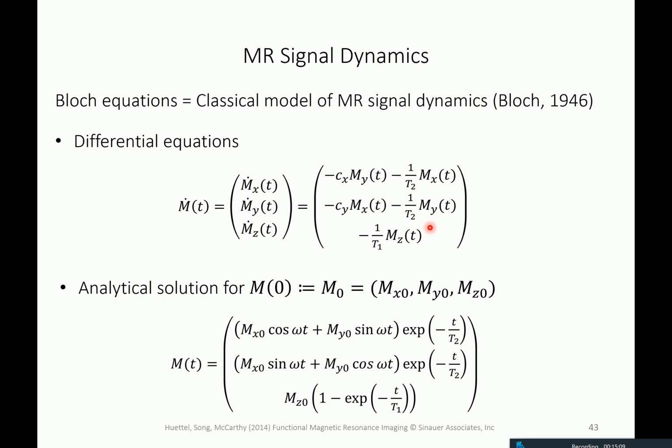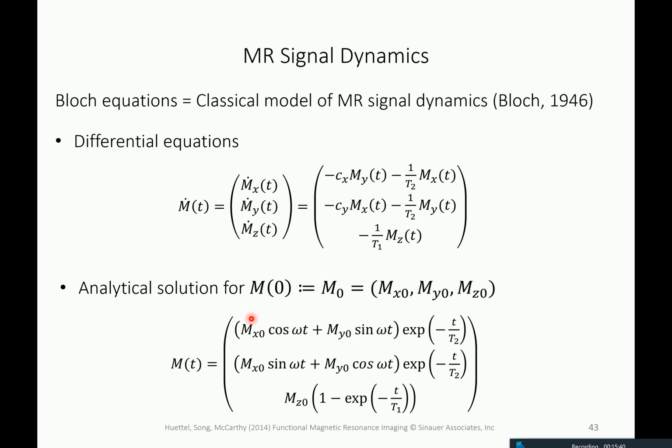This is a model, and if you want to plot how this three-dimensional entity is behaving, you need to solve this differential equation, and you need to know what it means to solve a differential equation. In this case, this is a solution for the differential equation, and we will look at this in more detail again later.